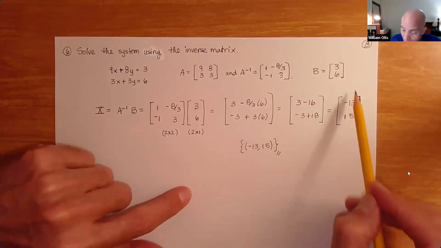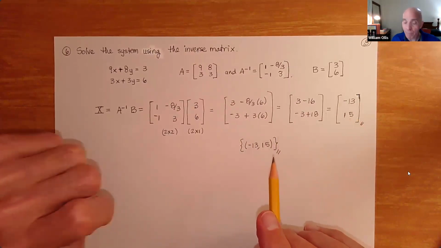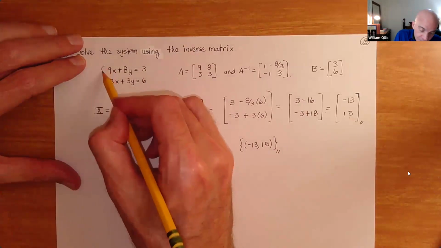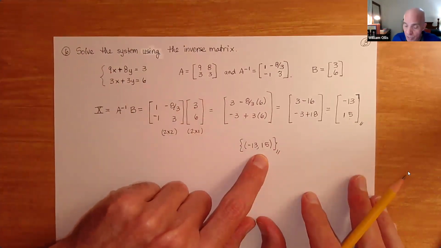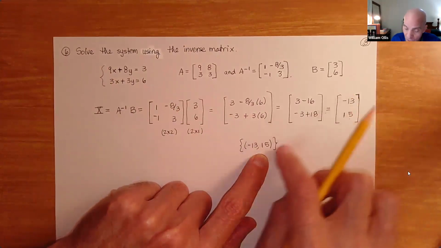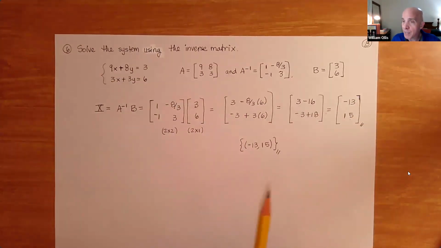So now we have the so-called solution vector, but since we started with the standard system here, 2 equations, 2 unknowns, we can just write our solution as an ordered pair and just pick the actual X coordinate and the Y coordinate of the solution from the solution vector.